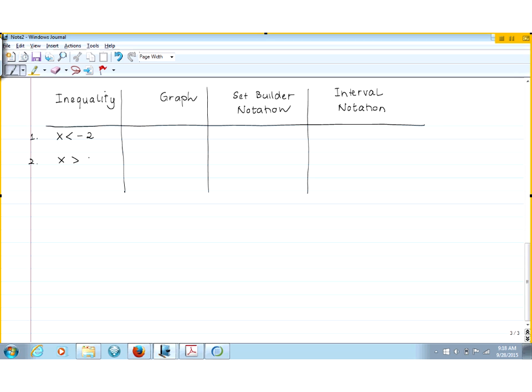Number 2, x is greater than 3. Number 3, x is less than or equal to 4. Number 4, x is greater than or equal to negative 6. And number 5, x is in between negative 3 and 5. So what we're going to do is write the graph, write down the set builder, and then interval notation.